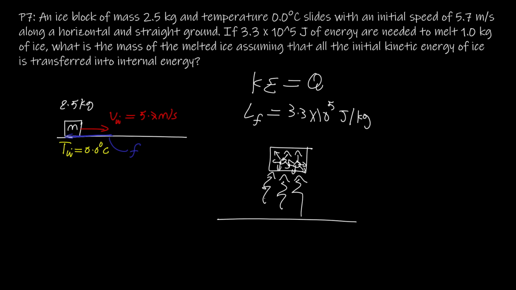And thus, as a result, there will be a temperature rise. So all of this is caused by friction. Friction will add heat to the system. The heat will flow into the ice, vibrate the molecules, and then break the bonds to change the phase.